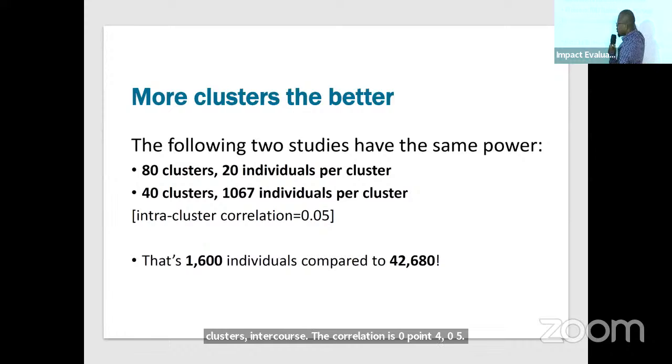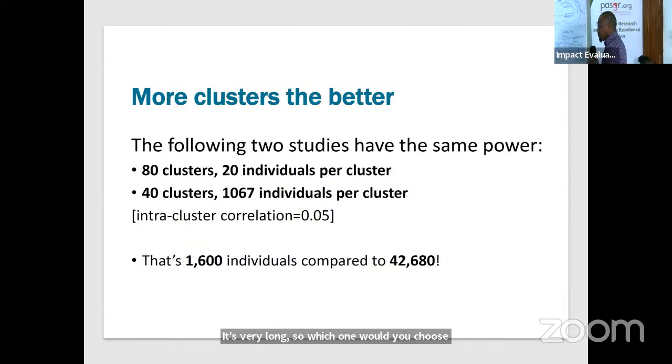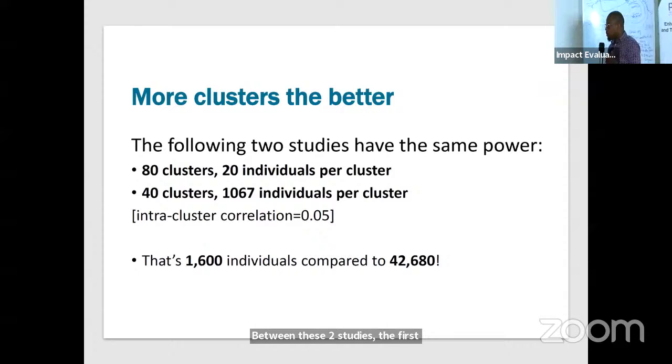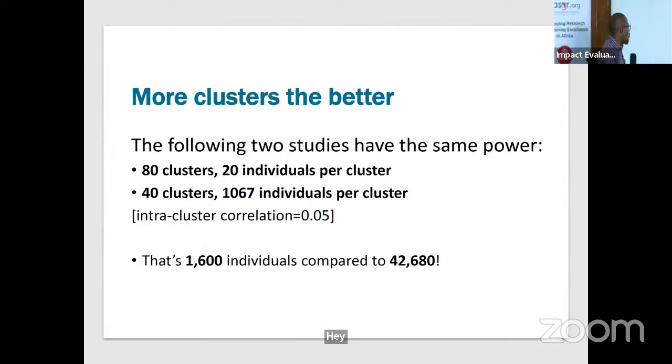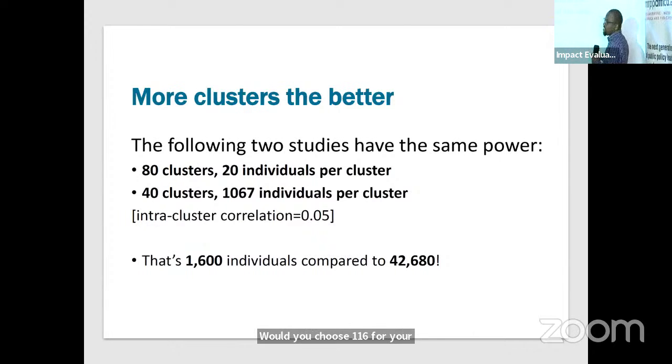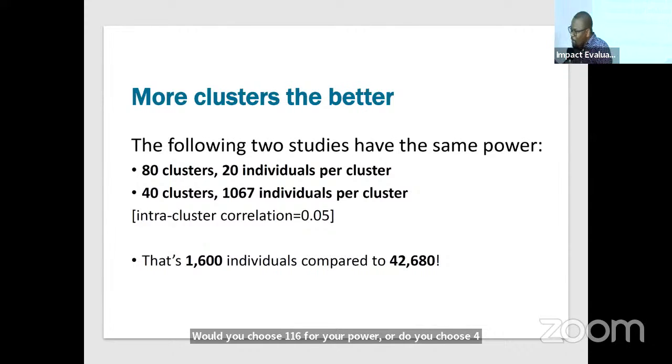So which one would you choose between these two studies? The first one or the second one? Would you choose 116 for your power, or would you choose 4,206? You see now how you can decide how big your sample should be, right?